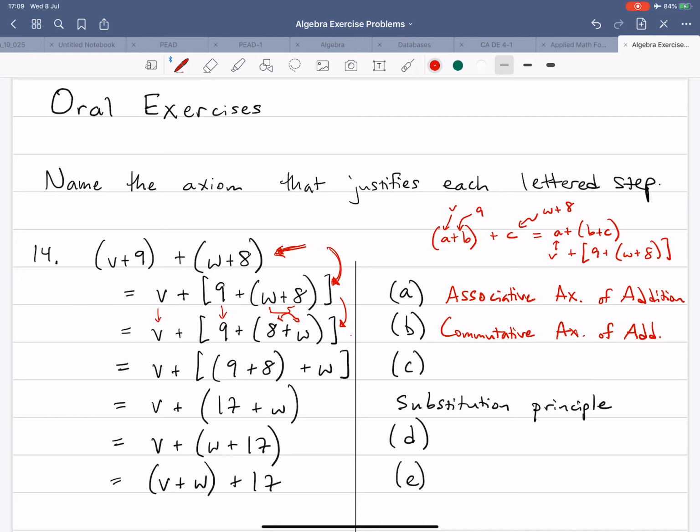Now, to go to this next step, this V didn't change. What did change is that instead of grouping 8 plus W, we've now grouped 9 plus 8. And we know that when we talk about changing the grouping, then we're talking about the associative axiom.